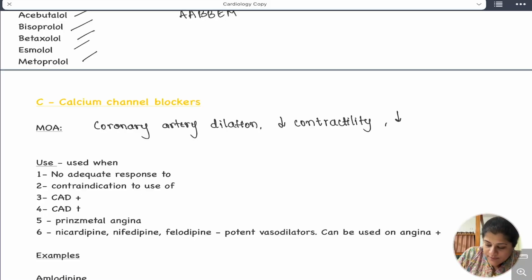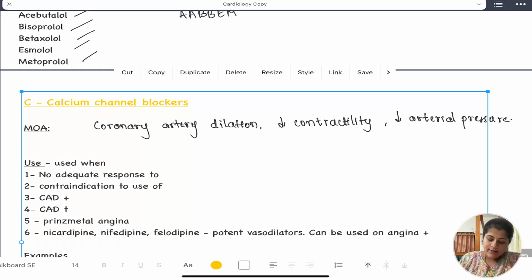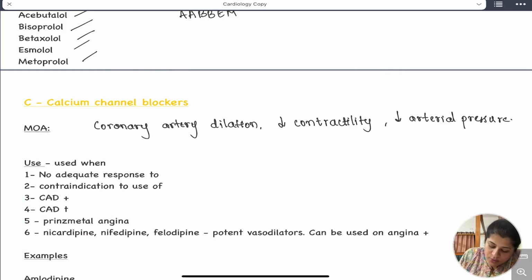When do you use calcium channel blockers? First, you use them when there is no adequate response to beta blockers plus nitrates.